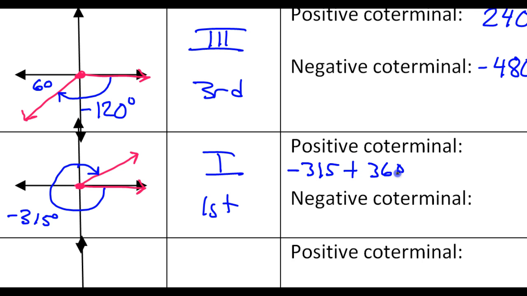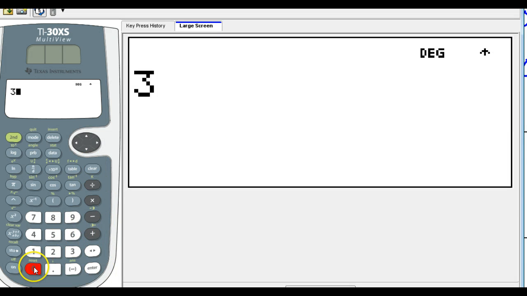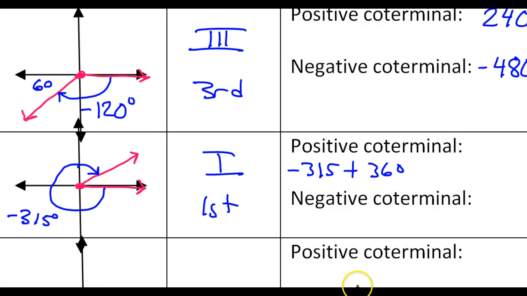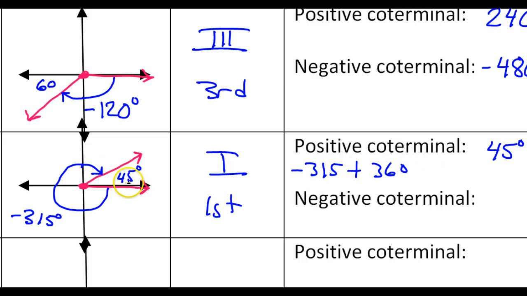It was basically 360 minus 315. That is a 45-degree angle. So you can see that 45 degrees right there. Positive coterminal means if I went in the positive direction, boom, there I go.